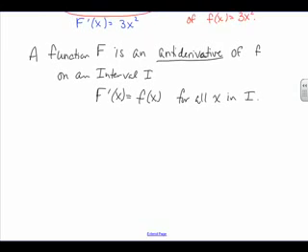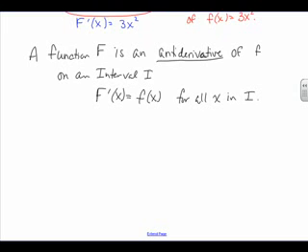Now, I do want you to notice that I've used the words an antiderivative instead of saying that our function capital F of x is the antiderivative. I did that on purpose. That's not just a grammatical error. That's actually true because there are an infinite number of functions you could differentiate to get 3x squared.